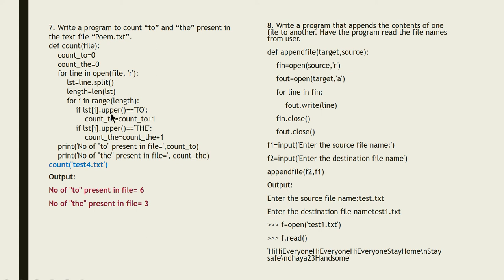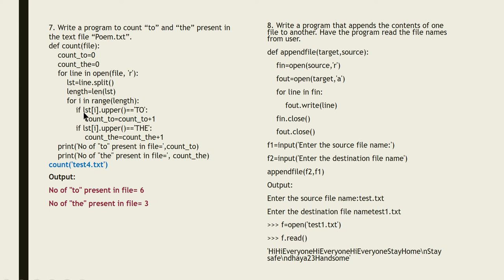I am using the upper function to convert, because in my file I can have "to" in different forms, with all small letters, or T capital and O small, whatever. I want to count all of them irrespective of the case.